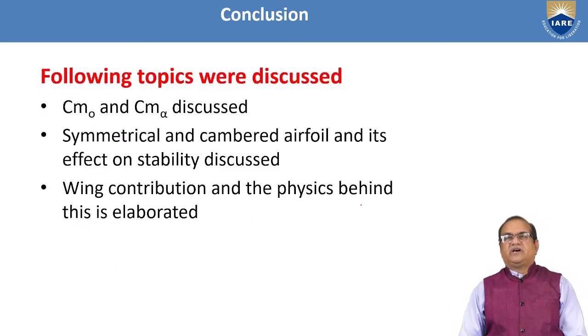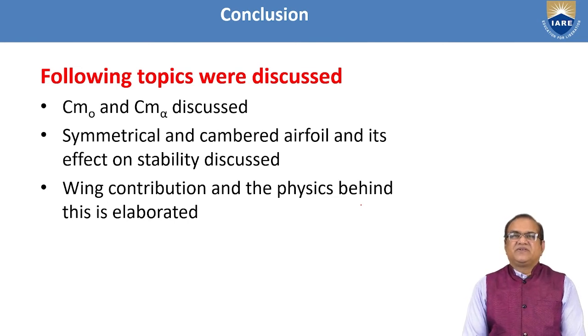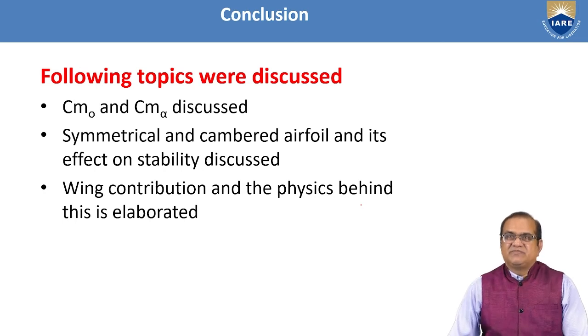So for the conclusion for today, the following topics were discussed in today's class. Cm naught and the Cm alpha were discussed. Symmetrical and cambered airfoil and its effect on stability also discussed.